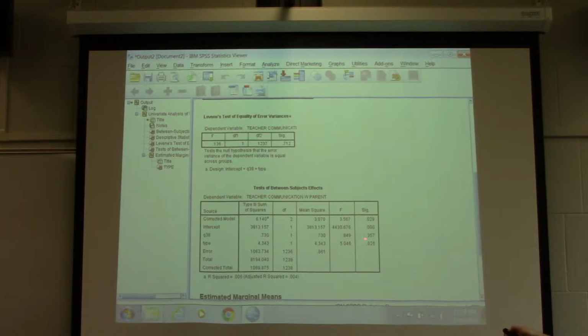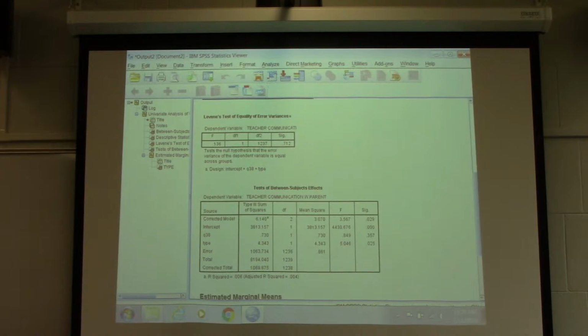So I scroll over and I see a significance value of 0.025. In other words, there are differences in teacher communication with parents between magnet and non-magnet schools after controlling for differences in parent income. So everything below the word intercept will be your covariates until you get to your main groups.